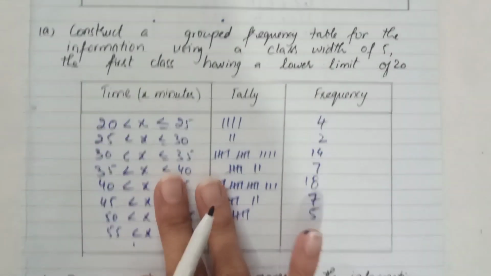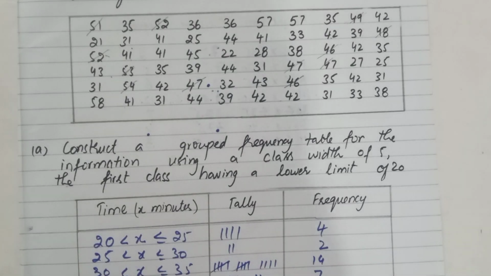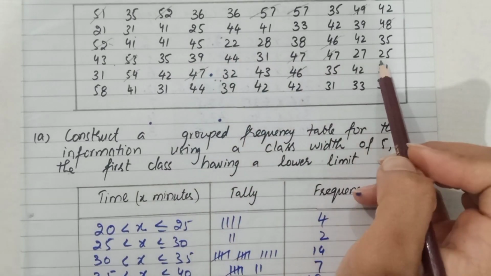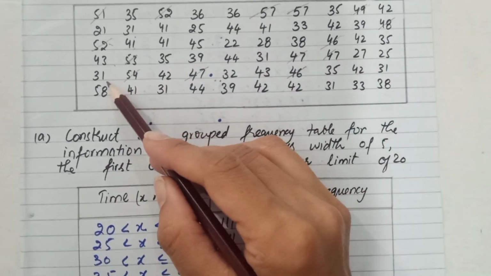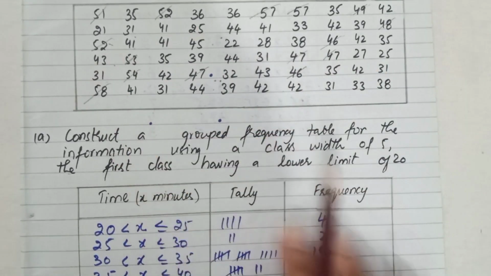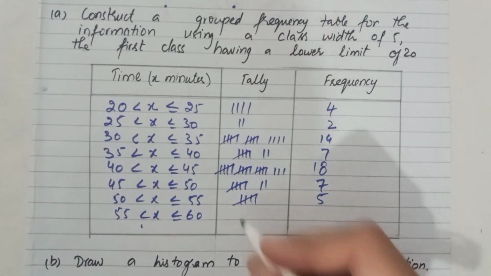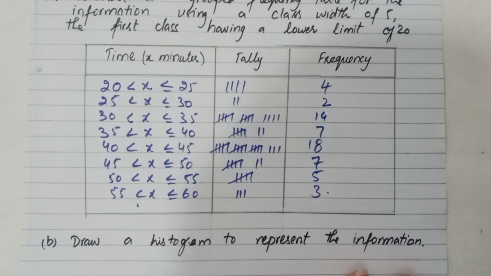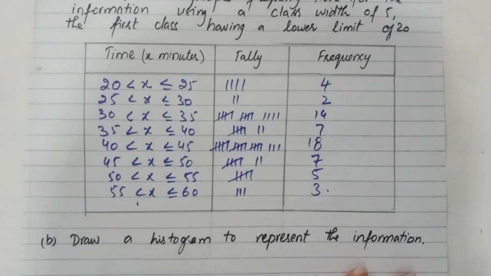From 55 to 60, we have to count it: 1, 2, and this one is 3. Yes, there are only 3 values. Yes, this is the frequency table for this data.